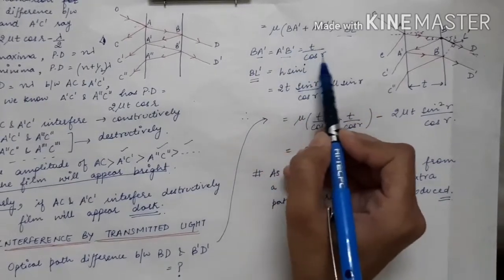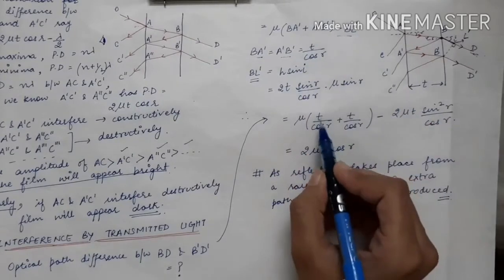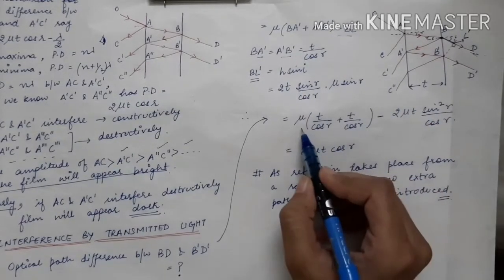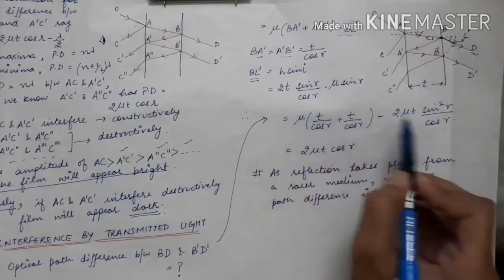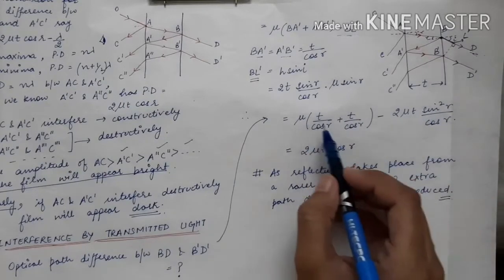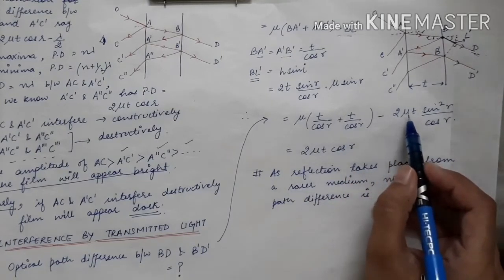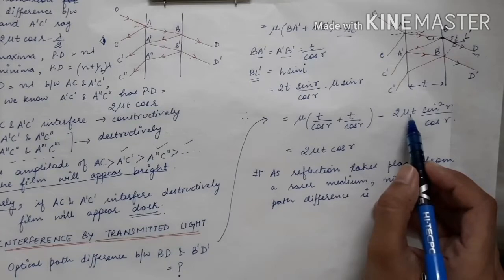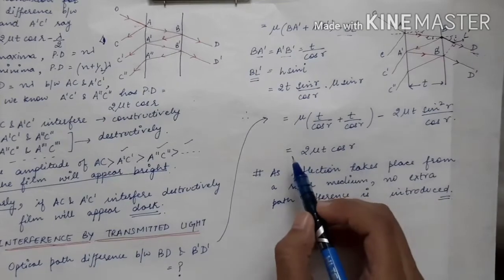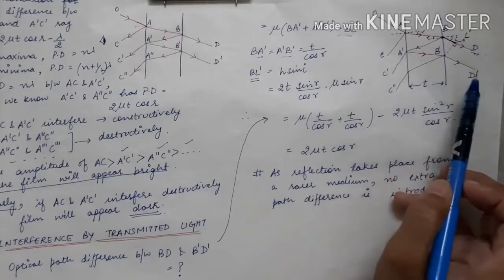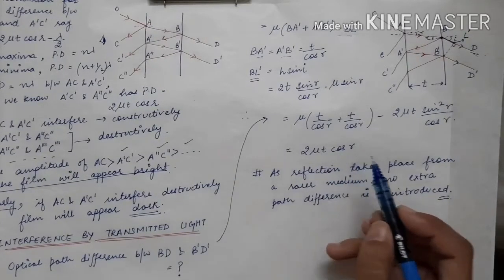BA prime is equal to t by cos R, and A prime B prime is also equal to t by cos R. So this will be simply t by cos R plus t by cos R, times mu, minus BL prime, and BL prime will be equal to 2 mu t sin square R by cos R. So you can simplify it. You can take 2 mu t by cos R common, and in the bracket it will be just 1 minus sin square R, and 1 minus sin square R is equal to cos square R, and we will have cos R in the denominator. So simply the optical path difference between the first two transmitted rays comes out to be equal to 2 mu t cos R.